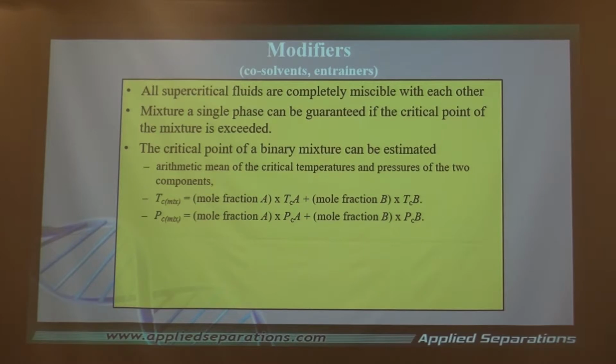We can determine what the amount of modifier should be by a number of different means. We can do this arithmetic calculation with the various moles. It's very difficult to do this. This is very good under theoretical conditions. But how many natural products do you know that have only 2 components? Not many. It just doesn't exist. So you can do this, but you can get an approximation.